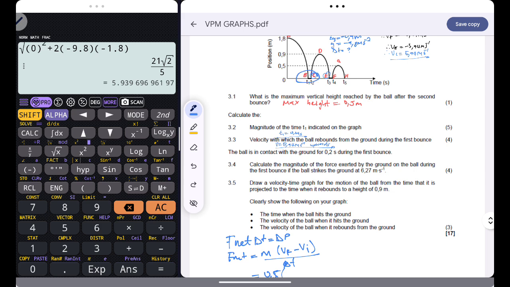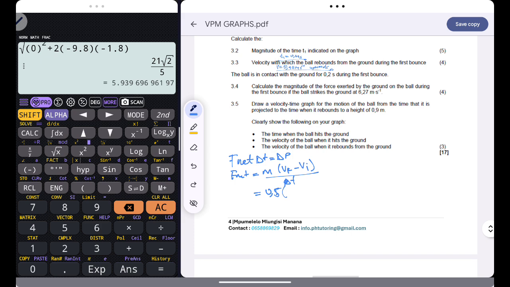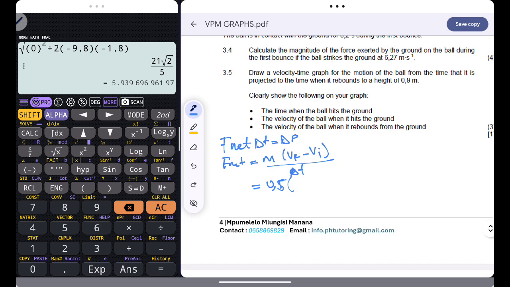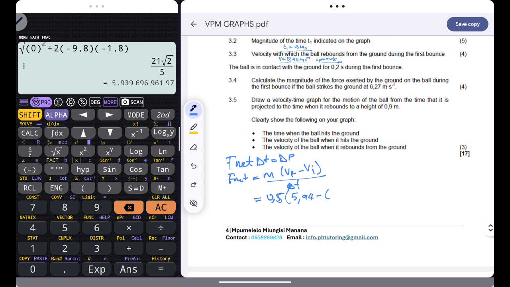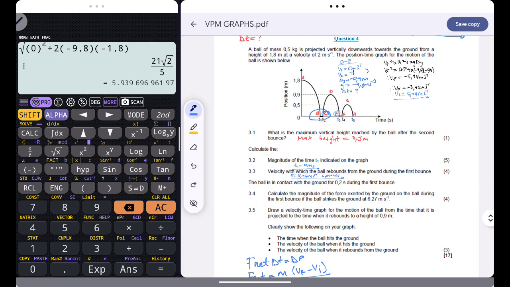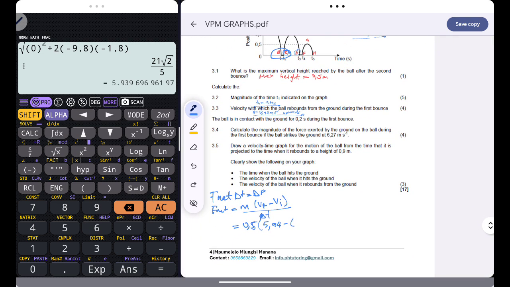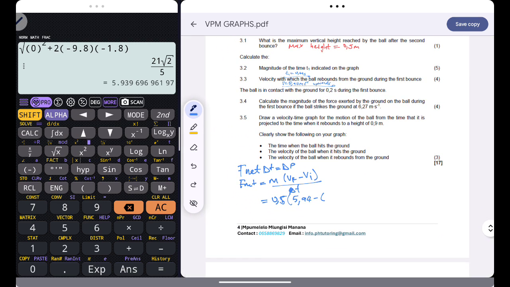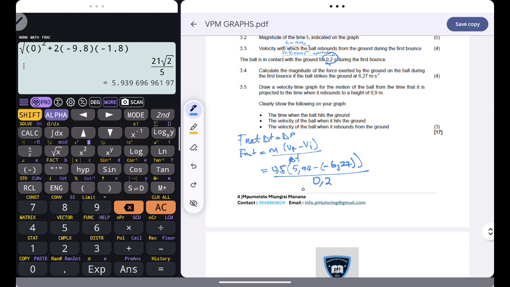I know the velocity at position C, I just calculated it to be equal to a positive 5.94, and then the velocity at position B, we did calculate it before, we got the same answer as 6.27, but it's a negative velocity. Negative 6.27, all over the time of contact of the ball on the ground, that's 0.2.